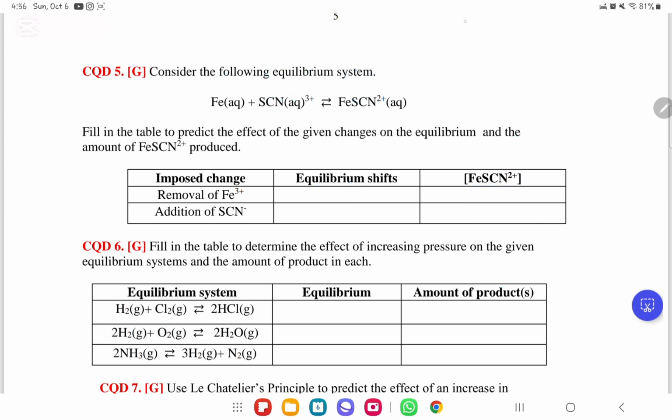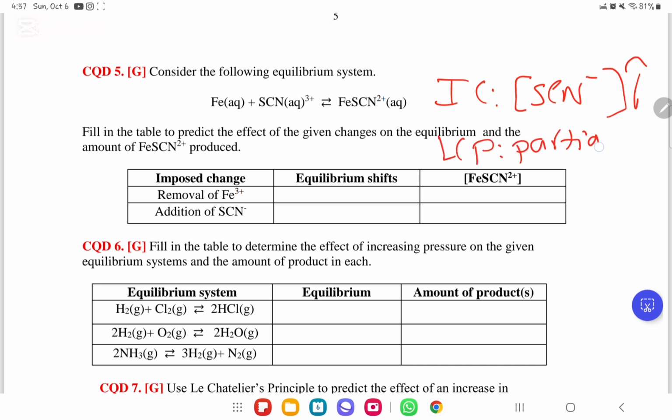Now let's do the second one, which is the addition of SCN-. Our imposed change is increasing the concentration of SCN-. According to Le Chatelier's principle, there is a partial counteraction. How does this partial counteraction happen? This happens by doing the total opposite, so decreasing the concentration of SCN-, alright?